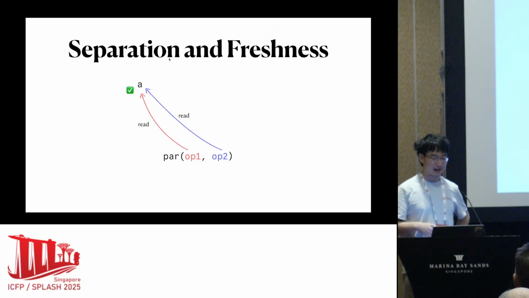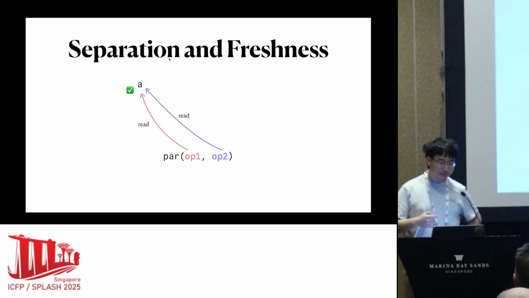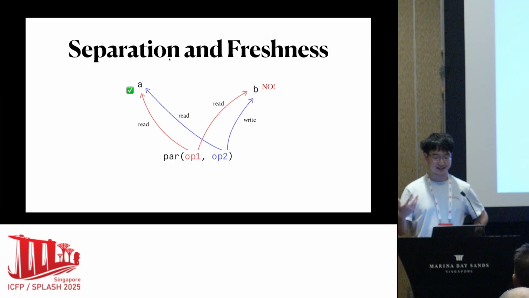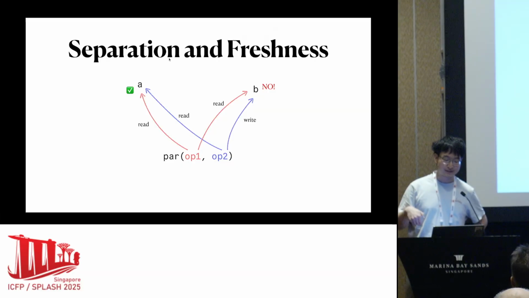If they are both reading from some mutable state A, it's fine. But if someone is reading and the other is writing, or both are writing, then no, it's a data race problem. And to detect this, what matters is what OP1 and OP2 access.